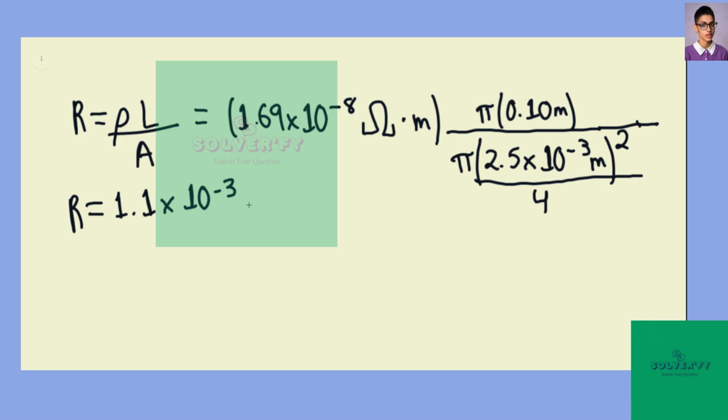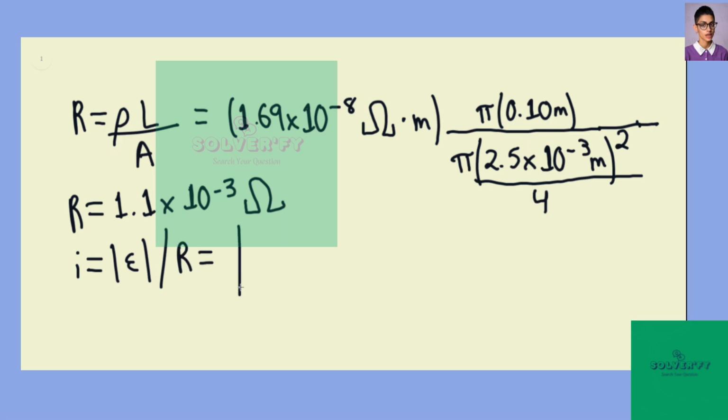to the -3rd ohms. At this point, we can use that the current I would be equal to the absolute value of the induced EMF epsilon divided by the resistance.